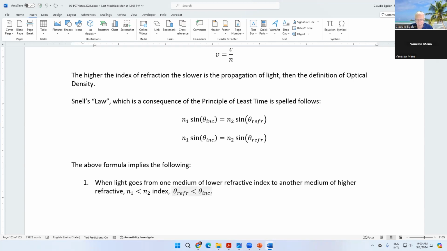Theta of refraction is always going to satisfy the following relation. It is always true, and very important.